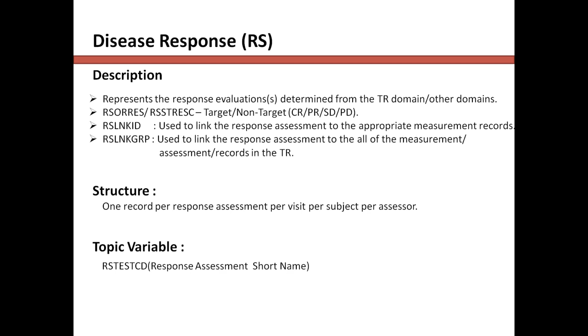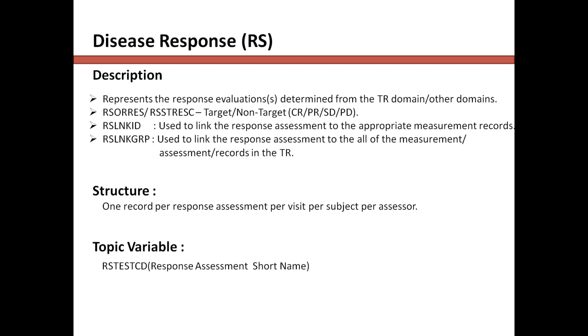The last and third efficacy domain in the SDTM is disease response, also called the RS domain. It represents the response evaluation as per RECIST criteria. The values we can see for the RS original and standard results are complete response, partial response, stable disease, or progressive disease.